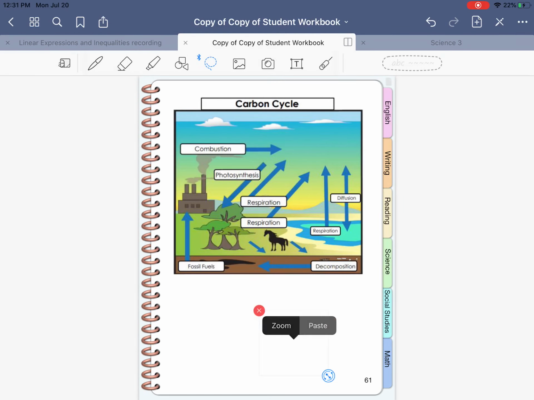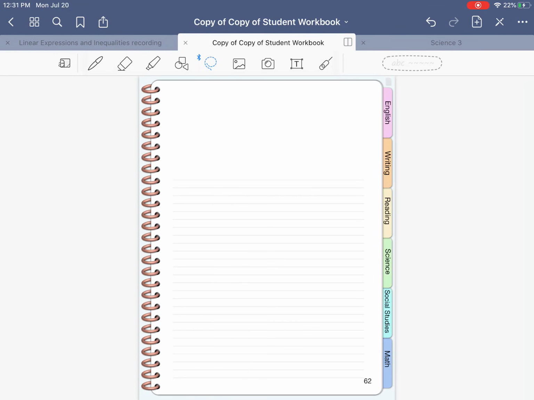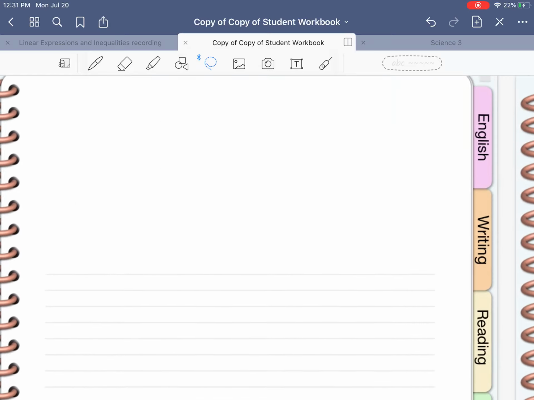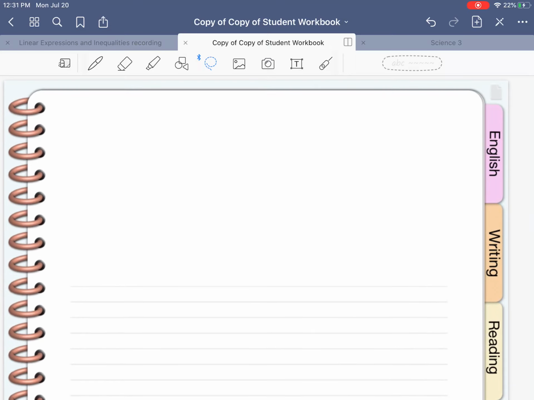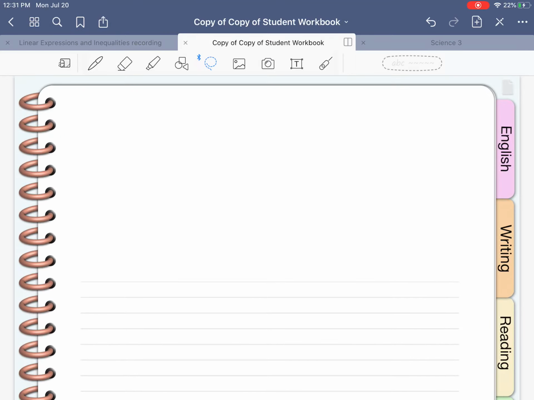Let's put this right here. Okay, so page 62, you have some blank space and then some room for notes. In this blank space, I want you to draw this picture with me. So page 62, let's just duplicate this picture.